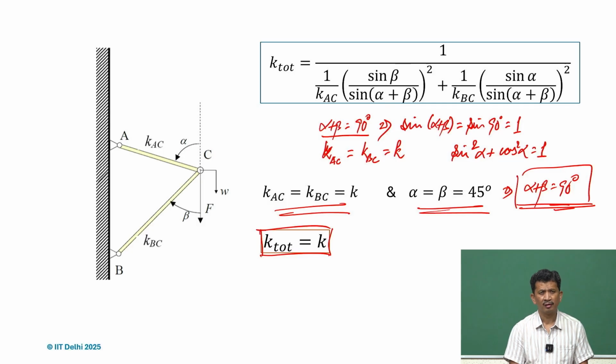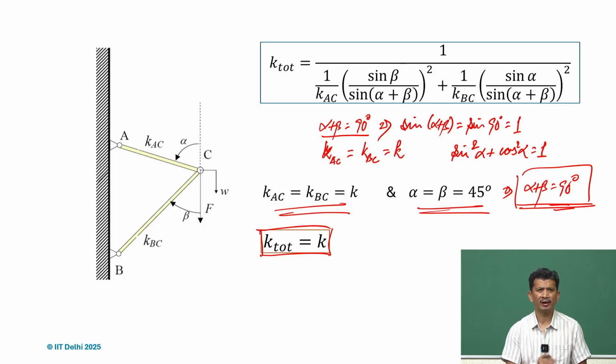But if we try to recall, in terms of material use for the given length, we can make KAC equal to KBC, but at 45 degrees both will be the same, the lengths will be the same. So, the area of cross section will be the same.